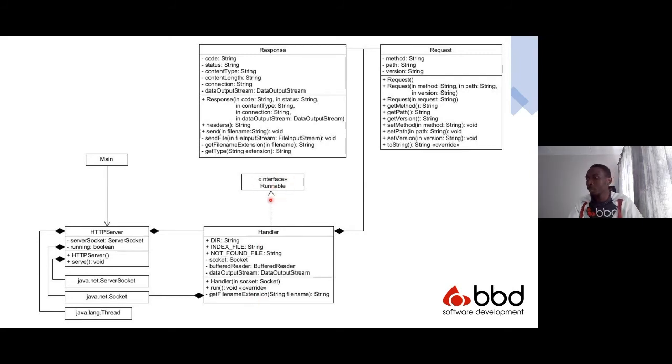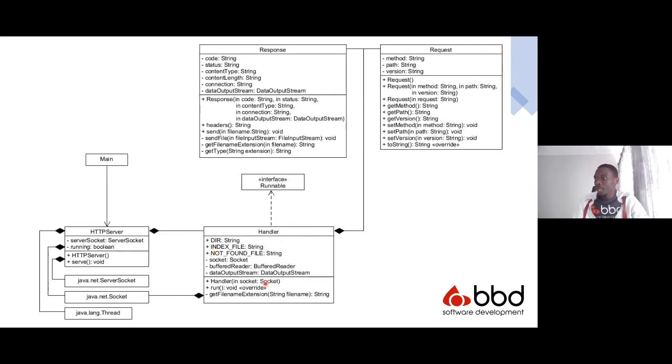That's why it implements the runnable interface. That thread will start so that the HTTP server can continue to listen for other client connections. I will demonstrate that further on my next slide, which is the activity diagrams.